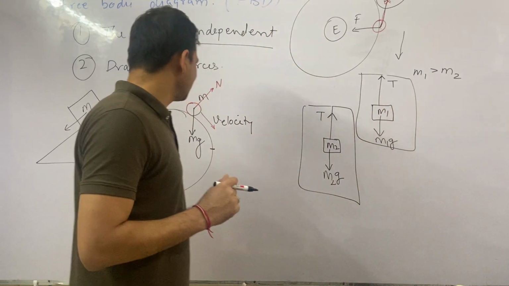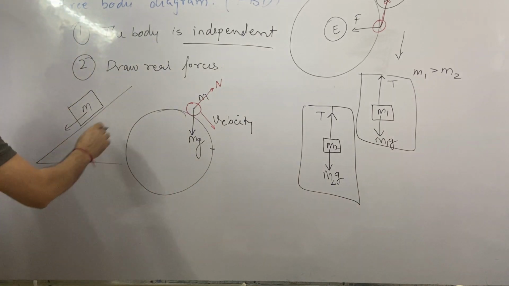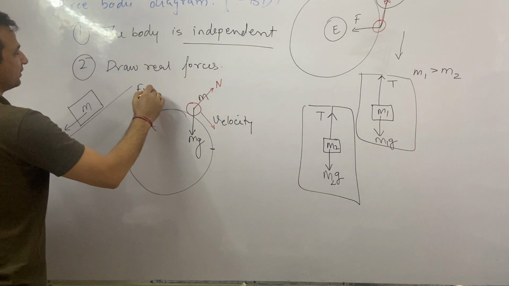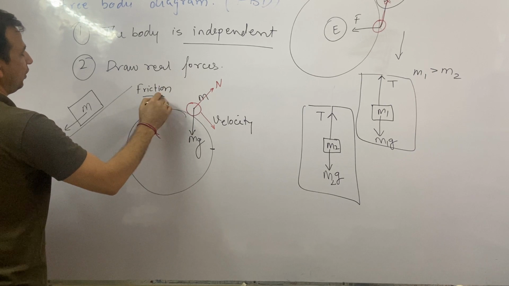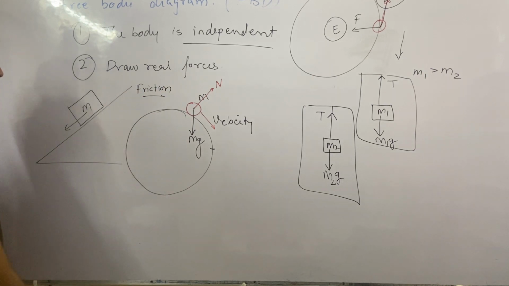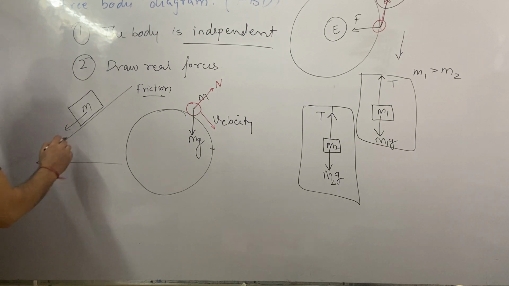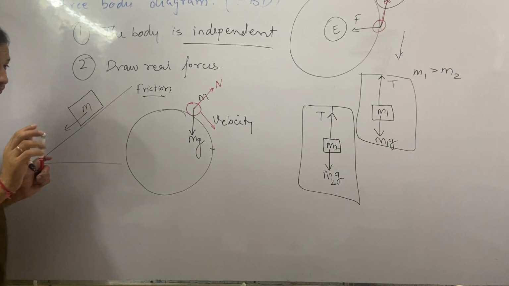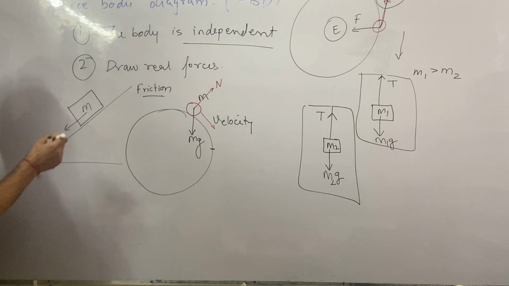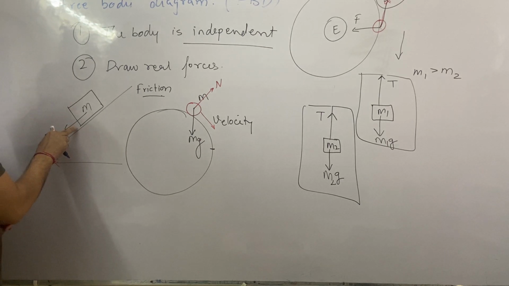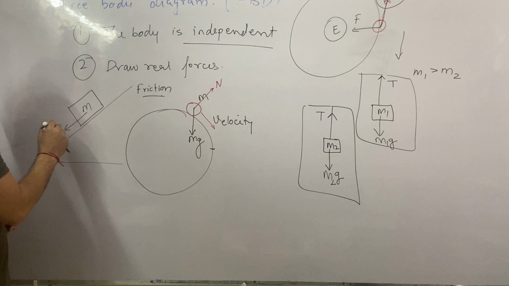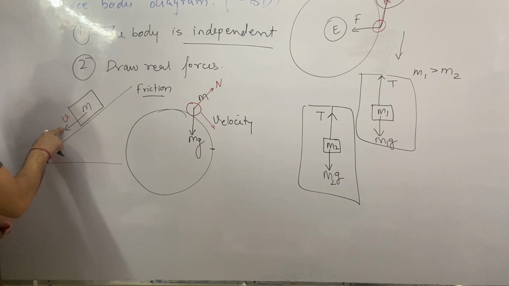So let's say if there is friction between the object and the slope, then there are three types of forces which will act on this body. And to avoid any confusion, this is not a force, this is just representing the velocity.